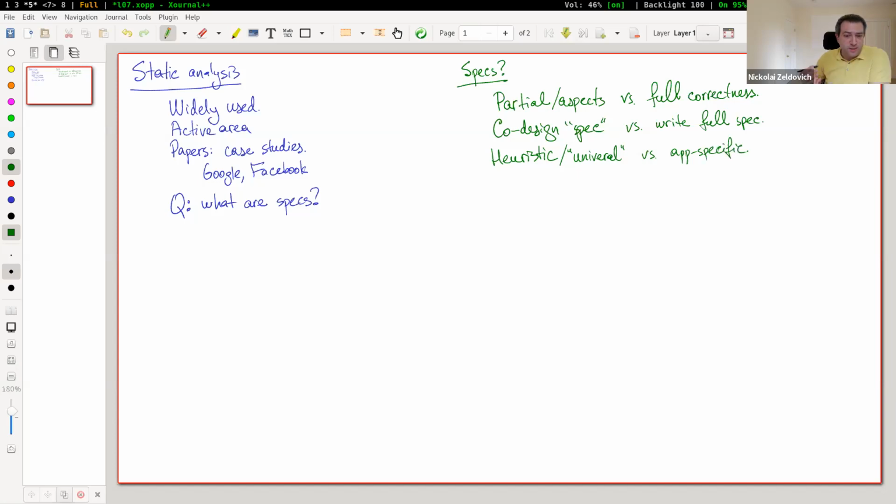So their kind of specs are, for lack of a better word, kind of like motherhood and apple pie. No one can argue that, yeah, that probably seems like a good idea, but details matter, and maybe this is not the right heuristic or the right universal notion for every piece of code out there.